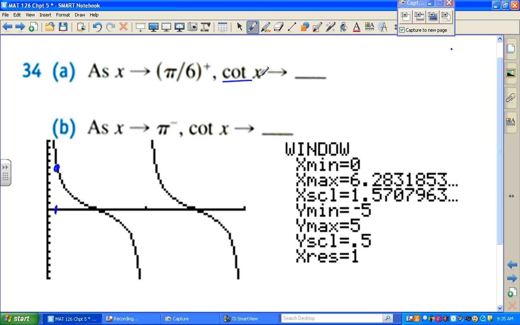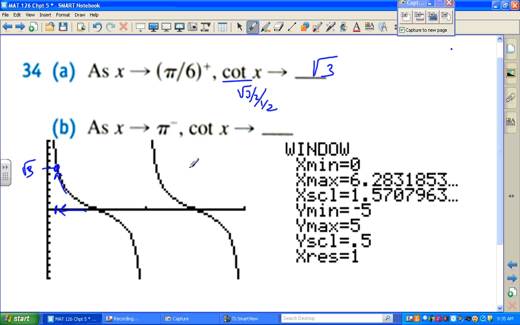What's the cotangent of pi over 6? It's on a unit circle, right? Square root of 3. Yeah, it is square root of 3. Cotangent is the x-coordinate divided by the y-coordinate. Sledge it out and you get square root of 3. As you approach it from the right, y is going to approach the square root of 3, which is right about there. Yeah, I see that from the graph.